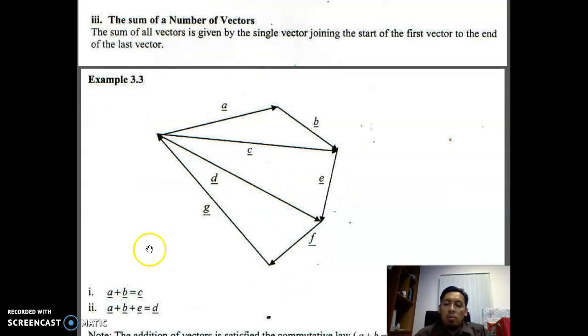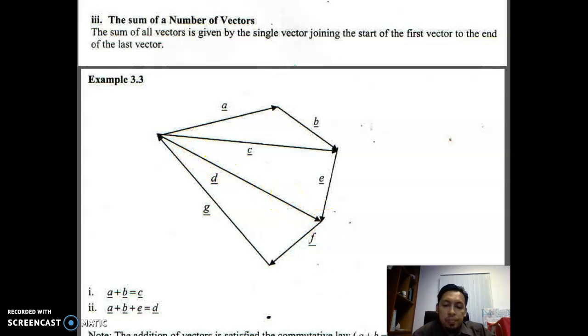The same goes for more than two vectors, A plus B plus E. We connect A to B, B to E, and the terminal point of E will be the last point. Then we connect the initial point of A with the end of E, which gives us D. So D here will be the new vector, the result of the summation of A, B and E. As you can see, it has a new magnitude and a new direction.